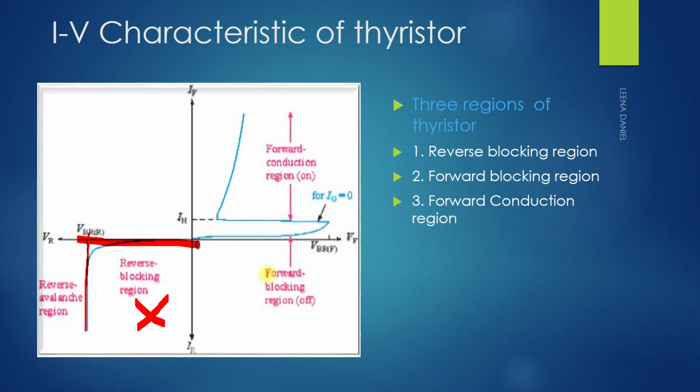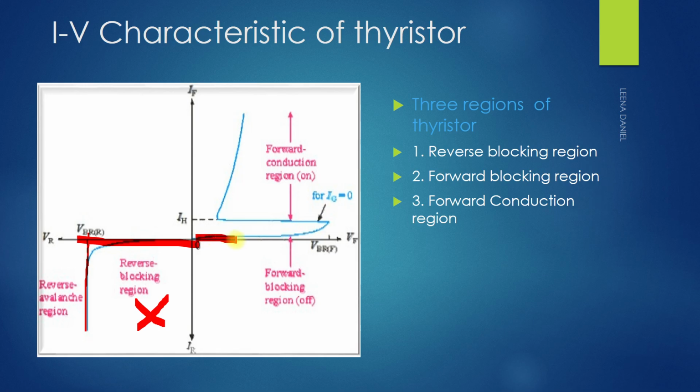Now let's discuss the forward blocking region. In the forward blocking region, we connect the thyristor in forward bias, which means the P layer is connected to the positive terminal of the battery and the N layer is connected to the negative terminal of the battery. So we can say the thyristor is in forward bias. But when we increase the forward voltage across the SCR, there is no operation.